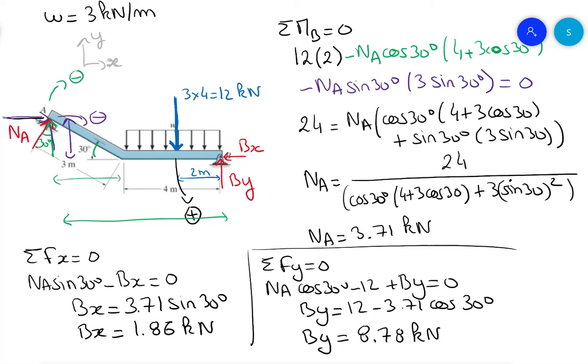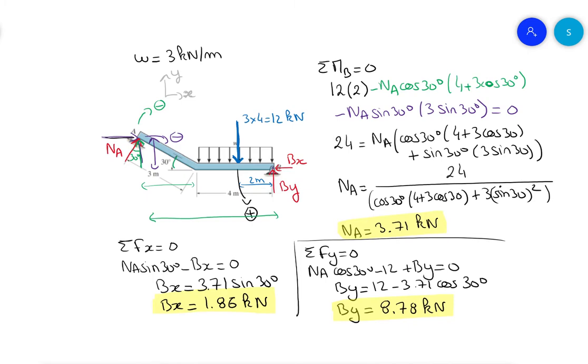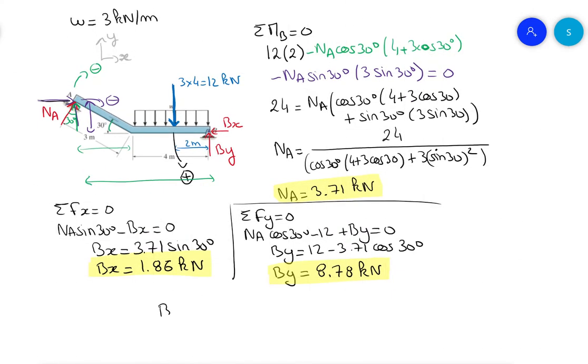Here we go. Let me highlight the answers. So we have the NA, the Bx, and the By. And if you want to know the magnitude of the component in the pin connection at B, you do B equal to square root of 1.186 squared plus 8.78 squared. So take your exact value in your calculator, squared plus this one squared.